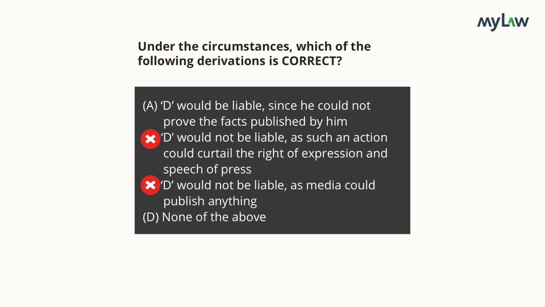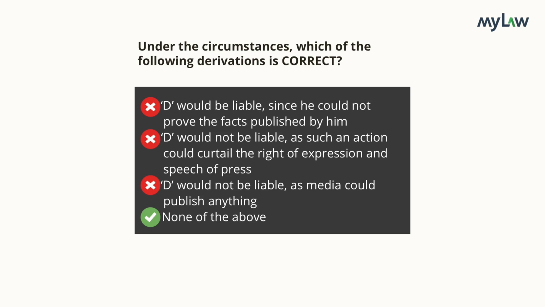The answer is, we do not know enough from the principle and the facts to conclude whether D is liable. The question does not give us enough information about whether the plaintiff has been able to prove defamation. And not being able to conclude from the principle and the facts that D is not liable is not the same thing as saying that D is liable. So that's wrong too. The answer then is D, none of the above.